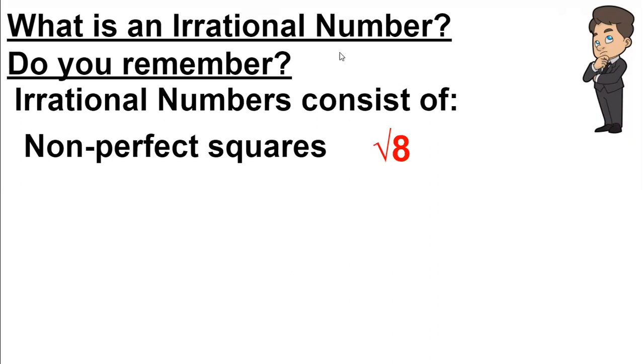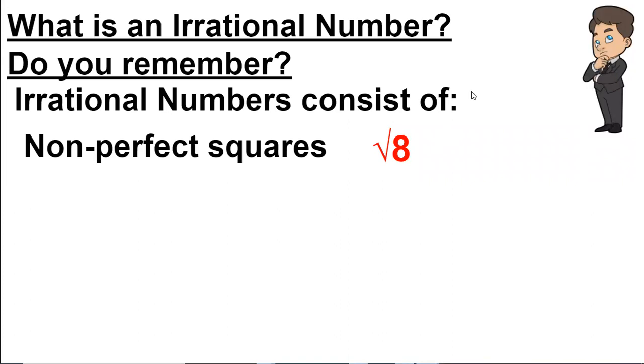Remember, perfect squares are numbers like 2 squared equals 4, so 4 is a perfect square. 3 squared equals 9, so 9 is a perfect square. And then you could go on: 4 squared, 5 squared, 6 squared. The answers are the perfect squares. So for the square root of 8, there's nothing I can multiply by itself to give me exactly 8. So it's an irrational number.